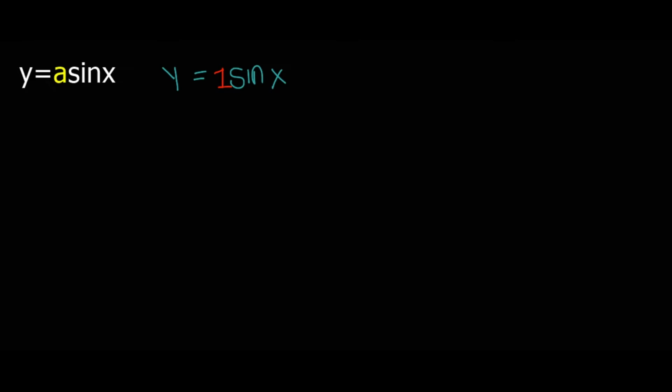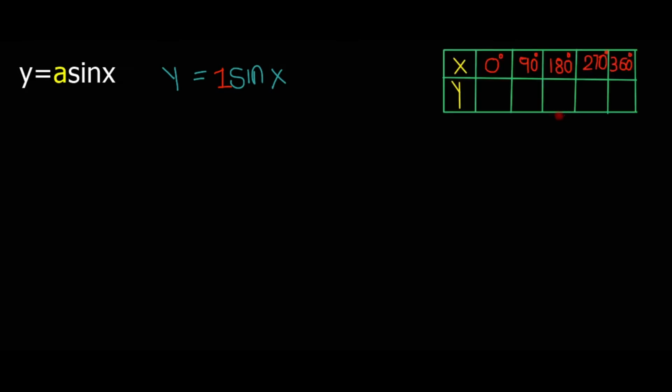So, I'll use a table method to draw this graph. And then the points on this table are 0, 90, 180, 270, and 360. These points actually give the standard points. Sometimes the graph here will be from 0 to 180.